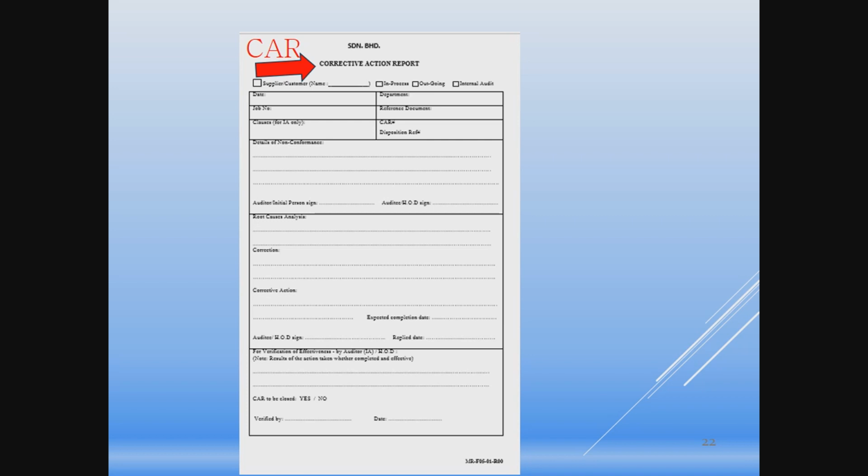You must reply in full, but closure may wait because verification is not yet done. So the last column is to verify the status, whether closed or not. If not closed, you have to reissue another CAR, to make sure it is closed.